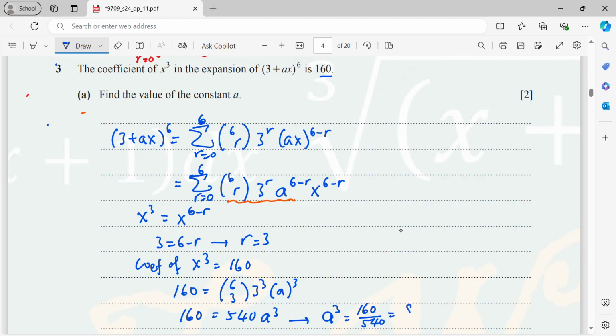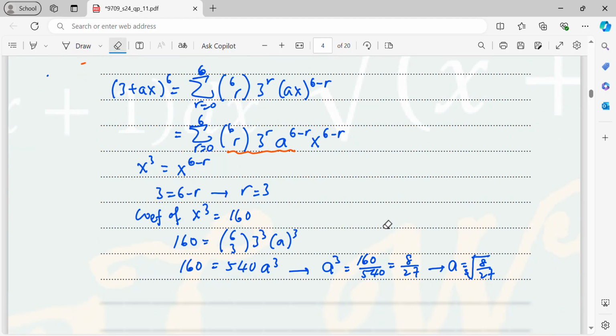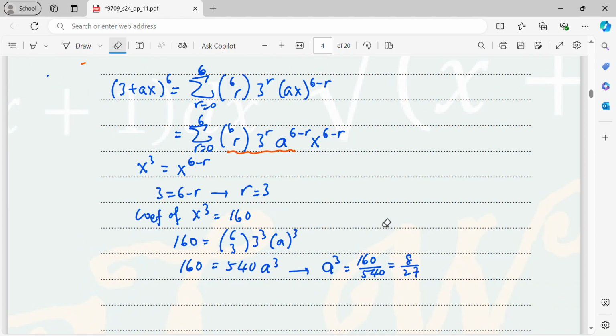That is going to be 8 over 27. And now my a is the cube root of this value. That is going to be 2 over 3. Okay, that's the value of a.